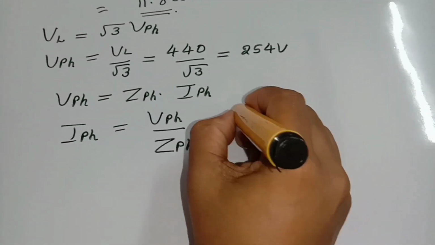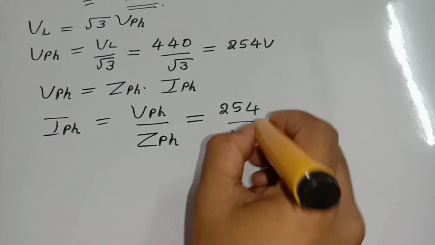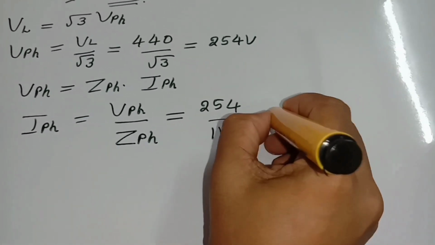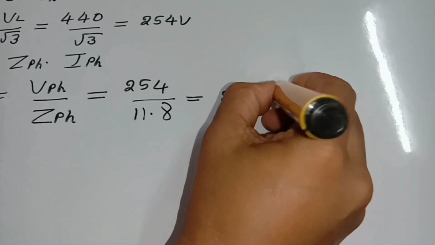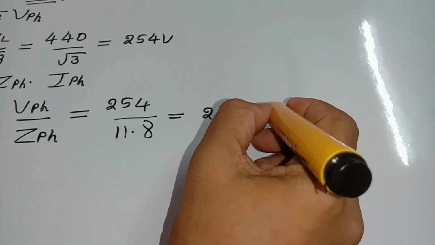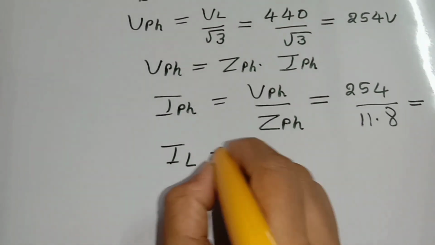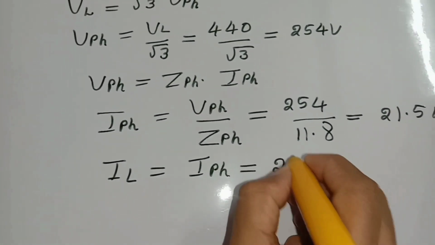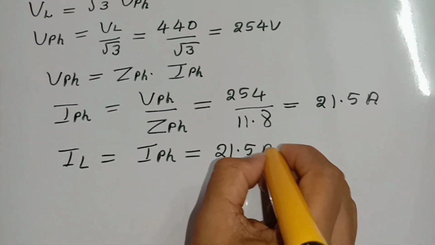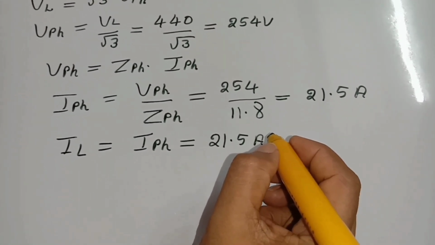So, when you substitute, you will get 254 divided by 11.8, which is equal to 21.5 amps. Now, since it is a star connected system, I can write IL is equal to IPH, which is equal to 21.5 amps.